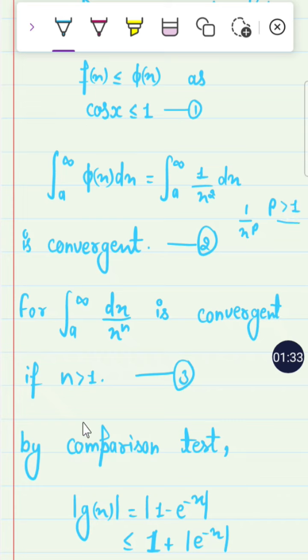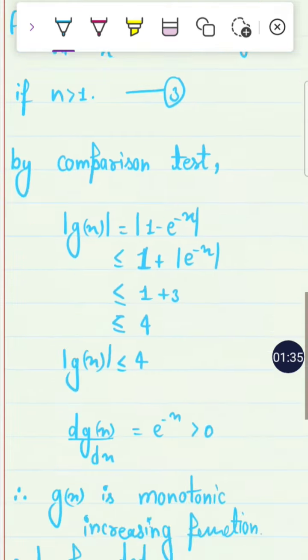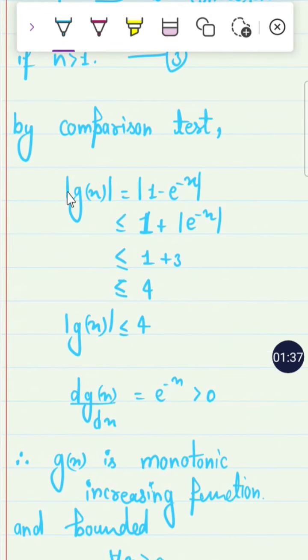Now, by comparison test, for g x, the mod of g x equals mod of 1 minus e to the power minus x, right? Taking the value of mod of e to the power minus x, it is bounded by 3. Then g x is bounded by 4, and this implies that g x is bounded.